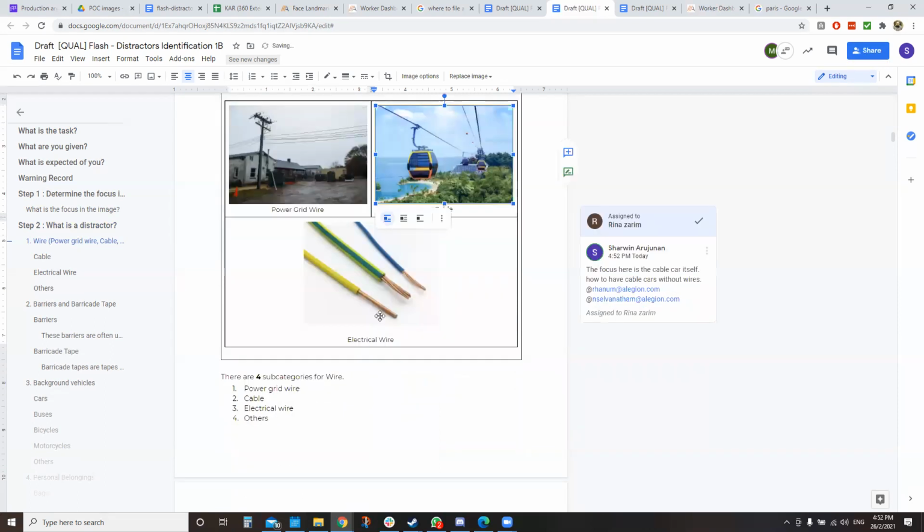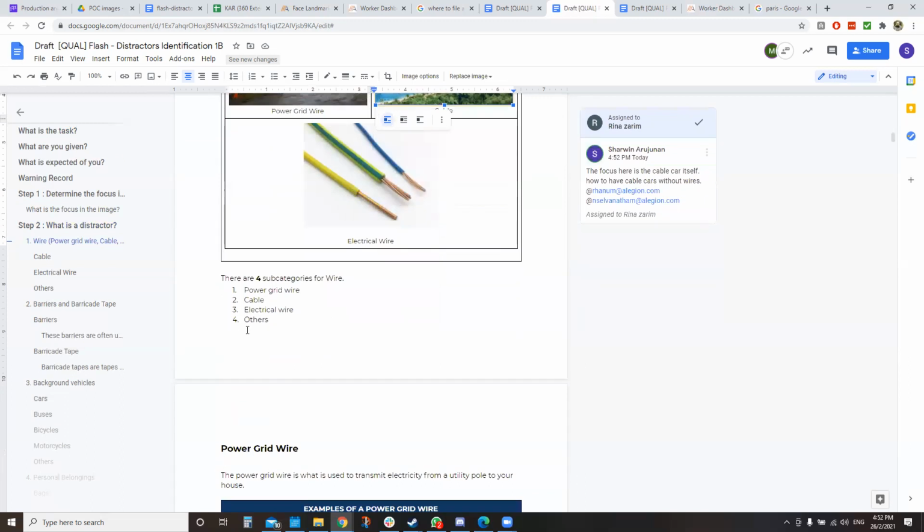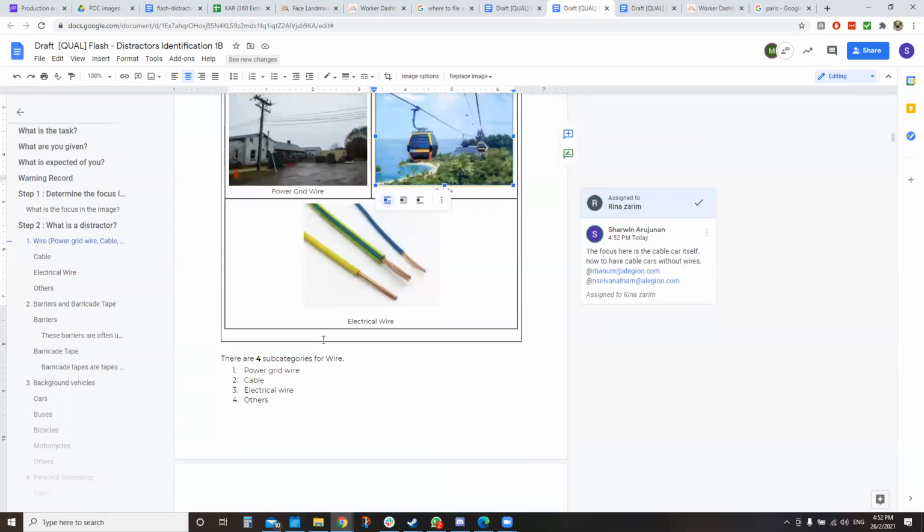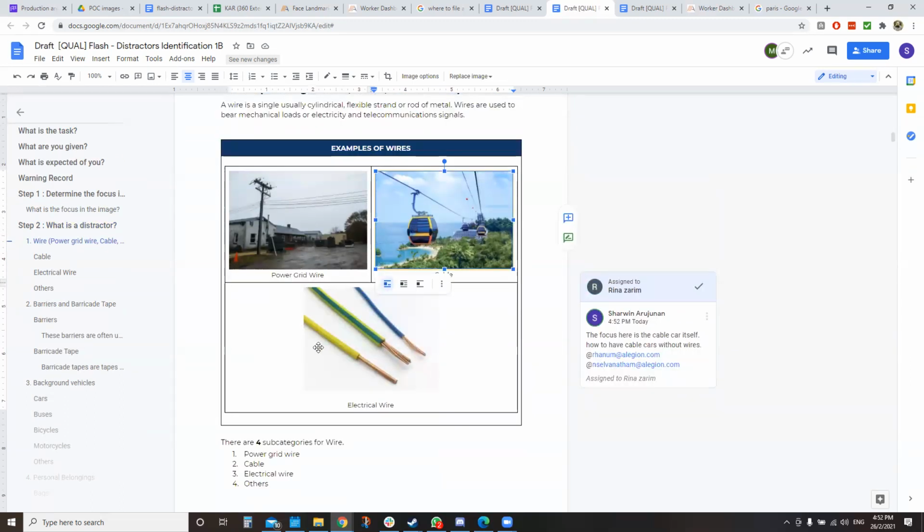So here you have power grid wire, cable, electrical wire, and any other form of wire. According to the guidance, any power grid wire that you see, you remove. But now that I'm seeing this, it is an edge case where the focus here is the cable car.